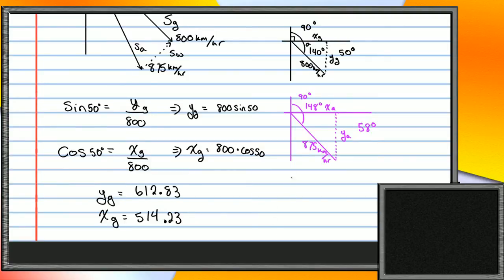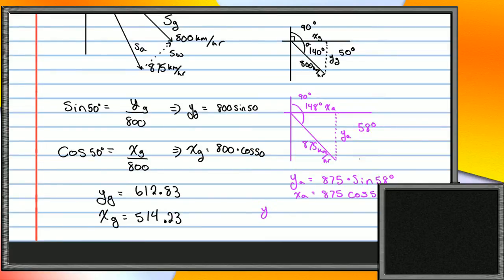So y of our airspeed is going to be 875 times sine of 58 degrees. And our x of our airspeed is going to be 875 times cosine of 58 degrees.